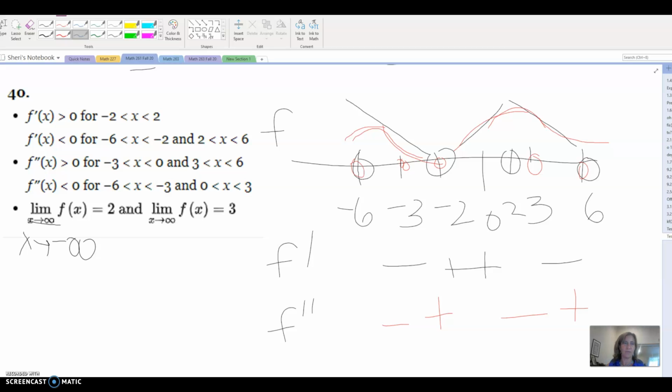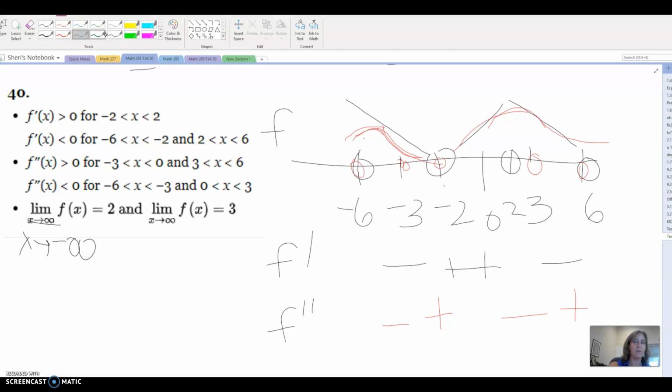We've got something a little bit interesting happening here at -3, right? Because from -6 until -3, my function is concave down, and now it's going to turn to concave up. But between -6 all the way to -2, my function has to continue to be decreasing. Now let's throw in these limits. Limits to infinity are going to be horizontal asymptotes.